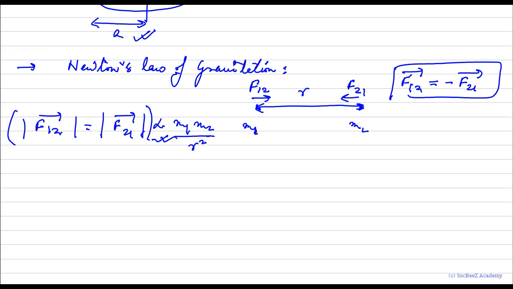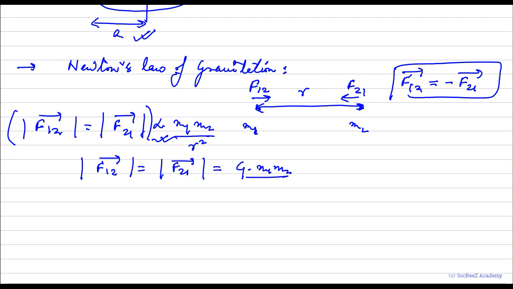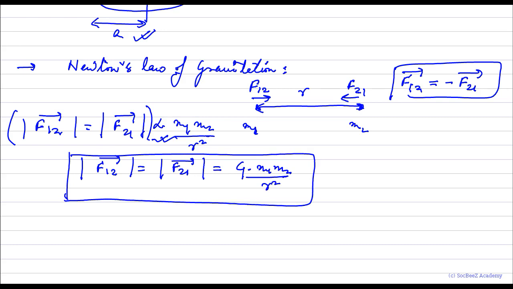This constant is my universal gravitational constant, denoted as G. So I'll write mod of F12 equals mod of F21 equals G into m1 into m2 upon r square. This is the magnitude of the gravitational force of attraction between the two masses. So this is basically Newton's law of gravitation.